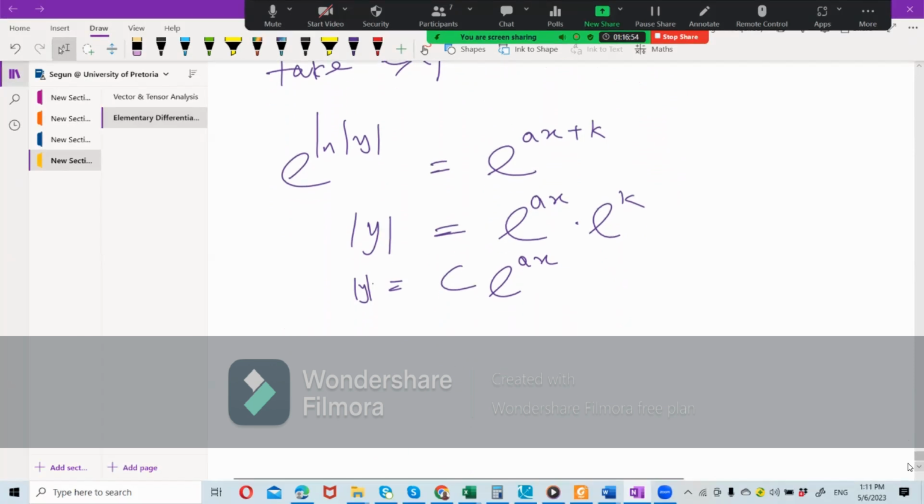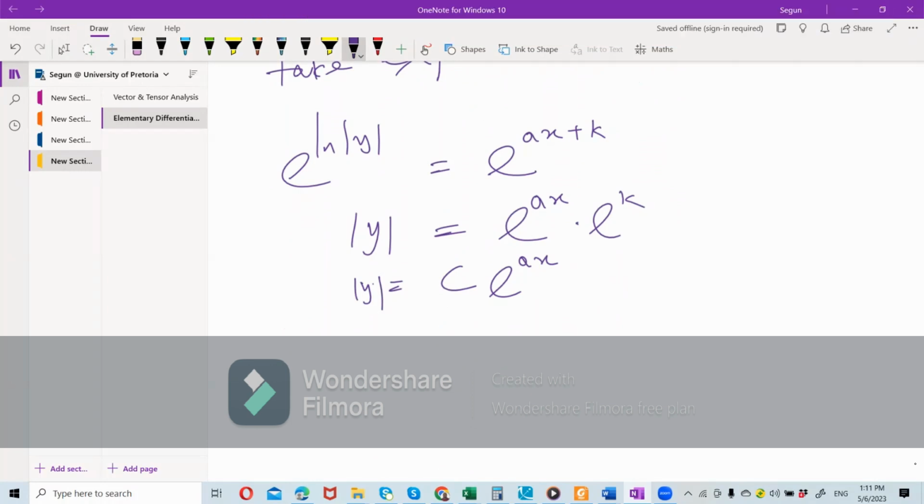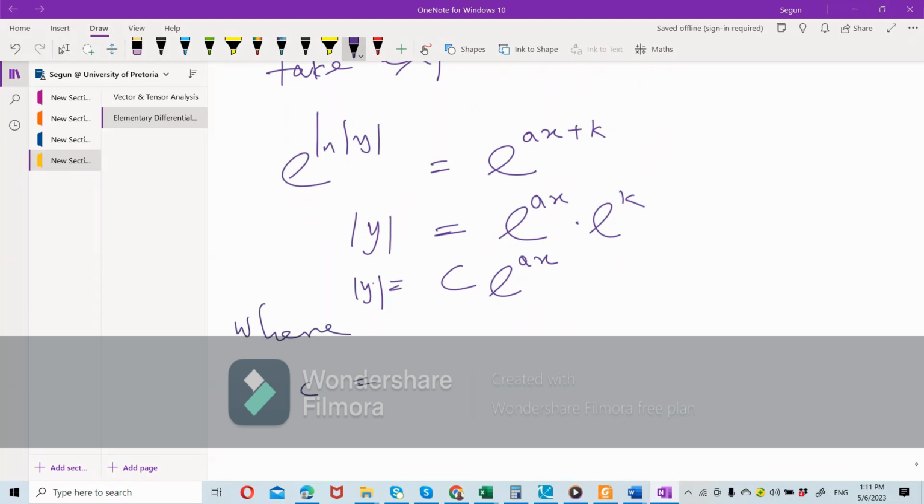C exponential ax. So if the question stops at this place, if they say find y, they can give you different options. y is equals to this, y is equals to that. But in this case, I can further say where c is either positive or negative.